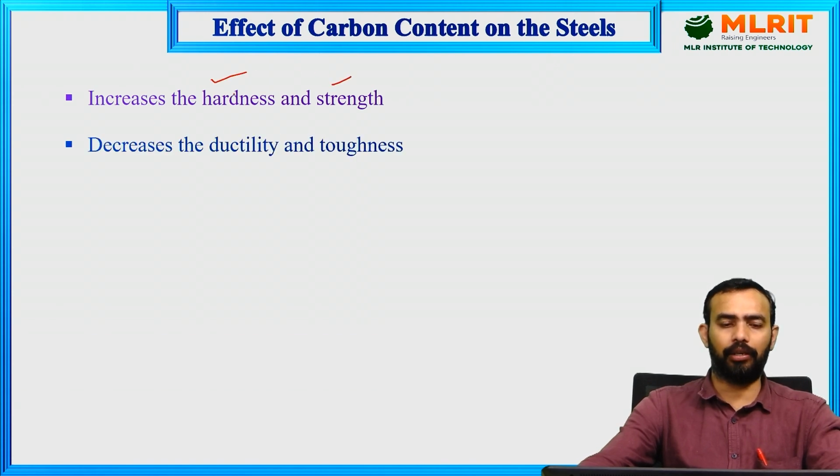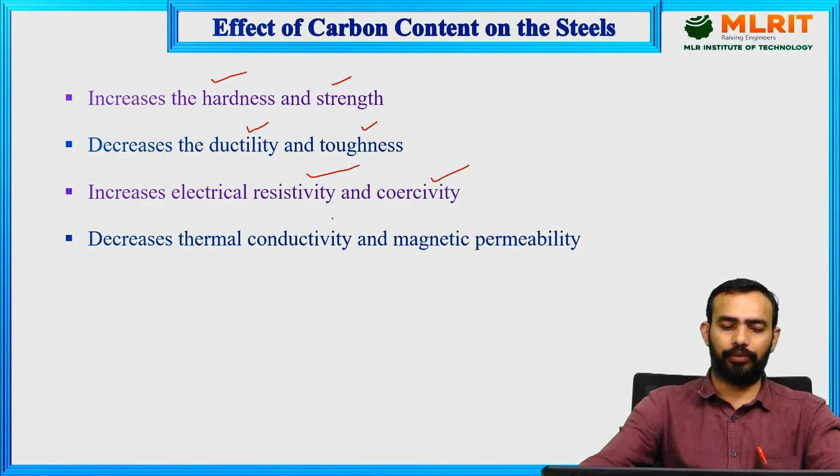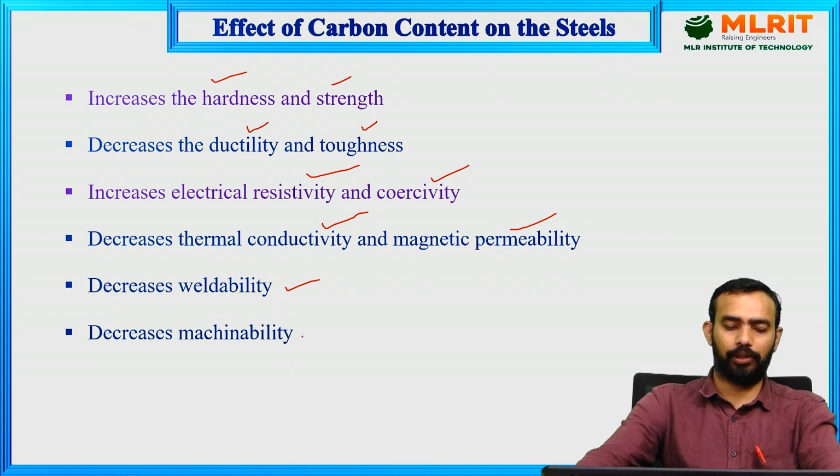On the contrary, it will decrease the ductility and toughness of the material. It will increase the electrical resistivity and coercivity. It will decrease the thermal conductivity as the carbon is increasing, and magnetic permeability also is decreased, and it decreases the weldability because it obstructs the welding ability of the material. So it reduces the weldability as well, and it decreases the machinability as well.